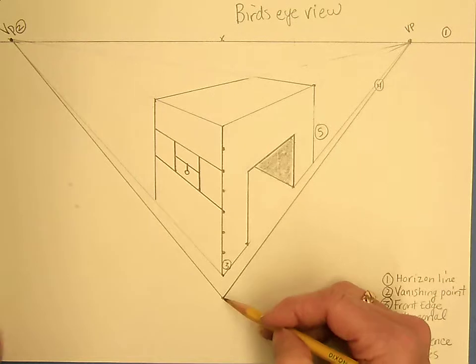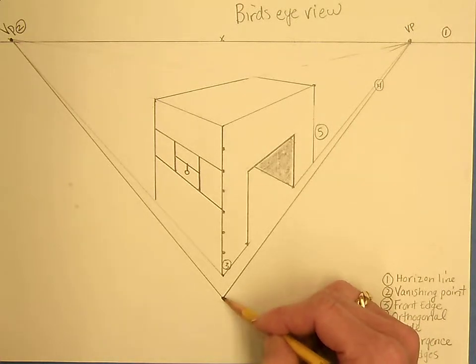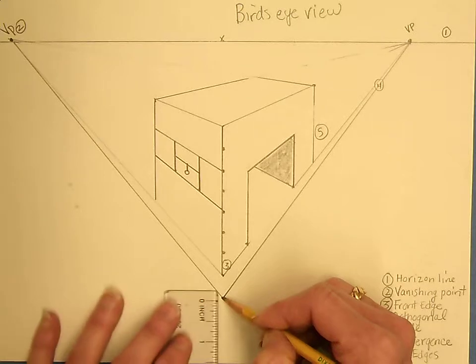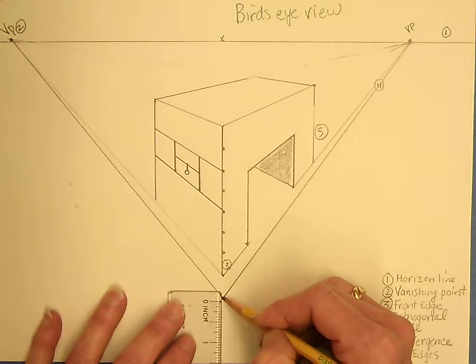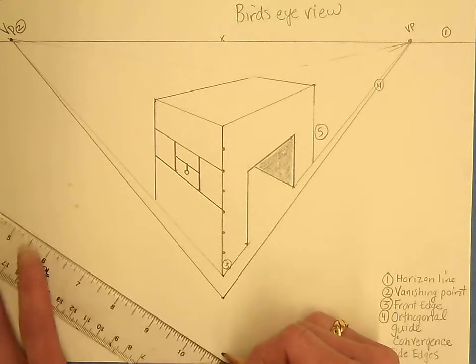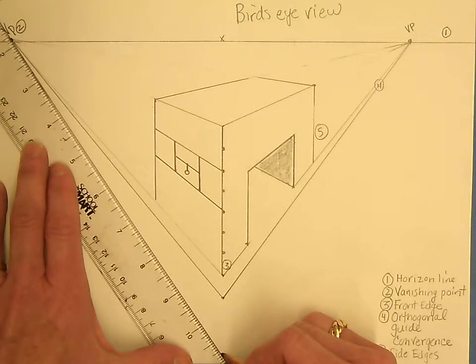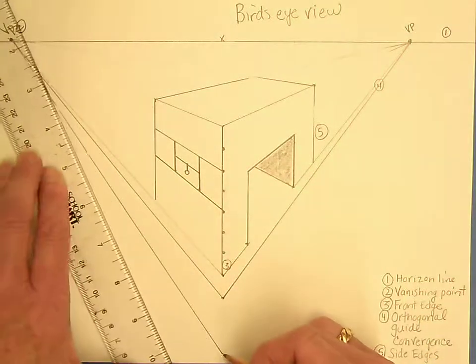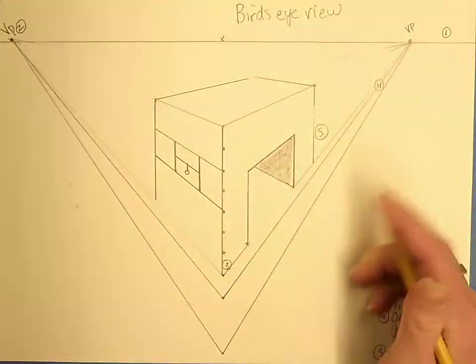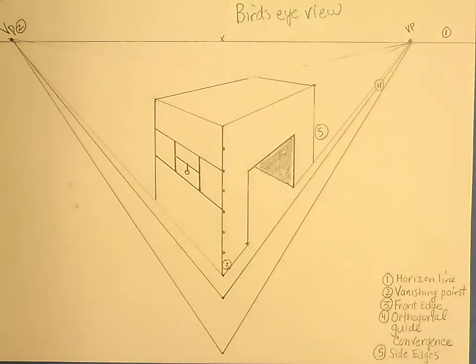I'm going to then put my pencil point right on top of that point that I made underneath for our sidewalk and come down about 1.25 inches, make a dot, bring that back to each vanishing point, and now I've created a small road.